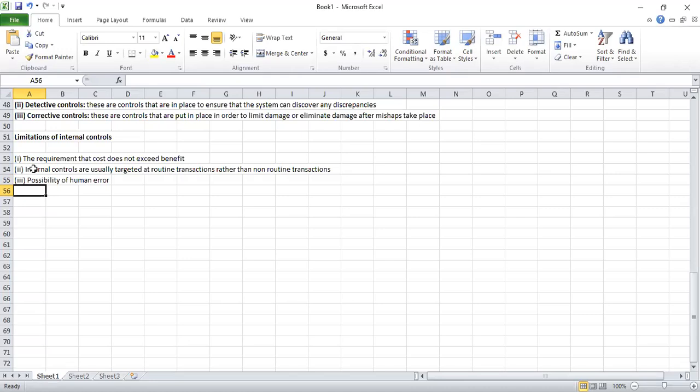It can be due to various reasons. Maybe they didn't understand properly, or maybe they were not even concentrating, they were on a phone call whilst driving, but you've got controls in place. Then those controls will not even work.